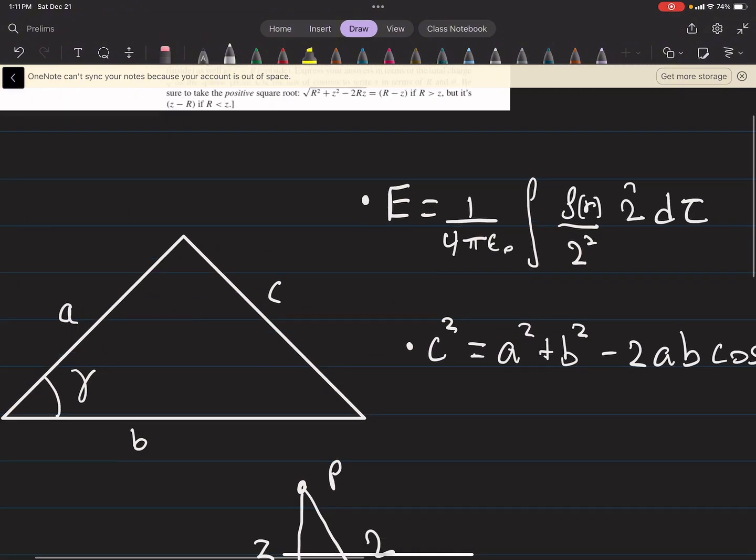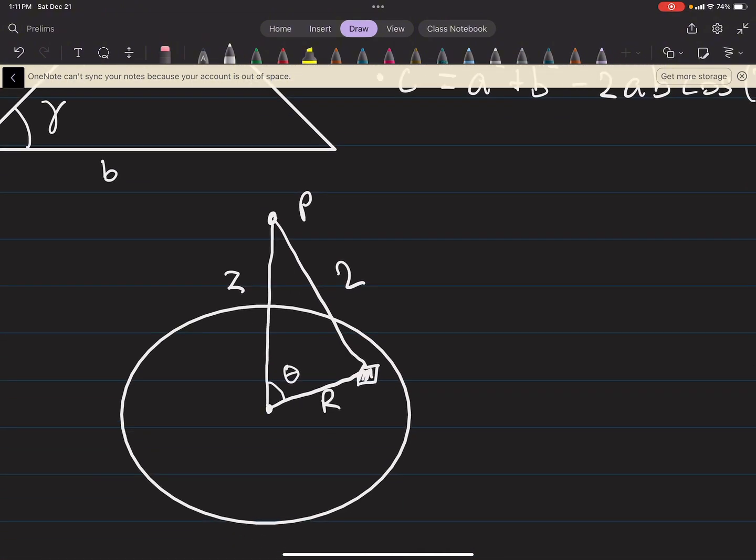And then this is just the diagram. So you can imagine this as looking at some sort of sphere here. This is the center, and this is supposed to at least be a vertical line going up to some point P. And then this is just some arbitrary charge distribution. It could have been anywhere, I just picked here. And it's a distance script r from the point of interest.